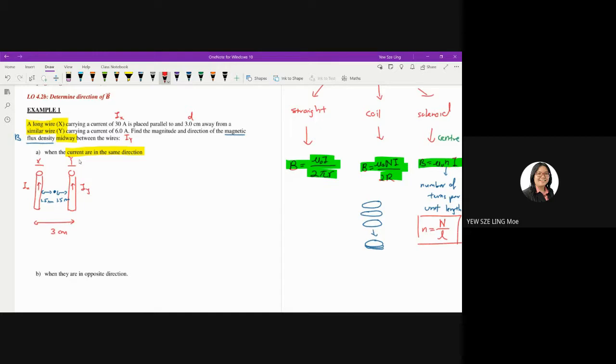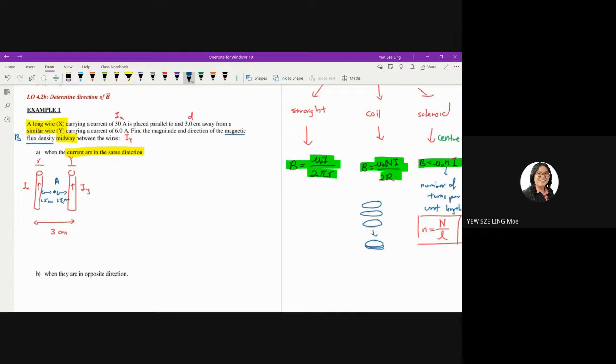Of course, for me, I'm used to this type of question already. I know when my current IX is heading upward, the magnetic field is into the page at the midpoint. Let's say this is point A. If my IY is heading up, the magnetic field generated by IY is heading out of the page. For me, it's easy. Why? Because I'm used to it already.